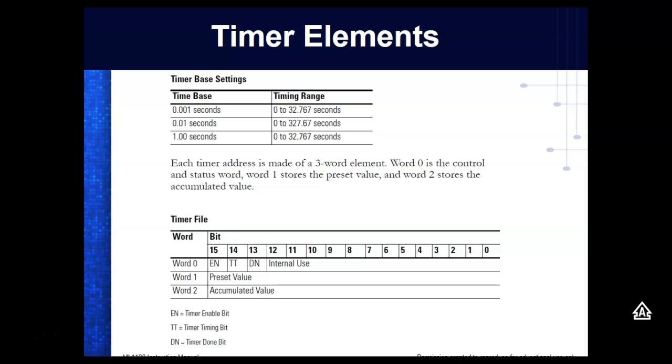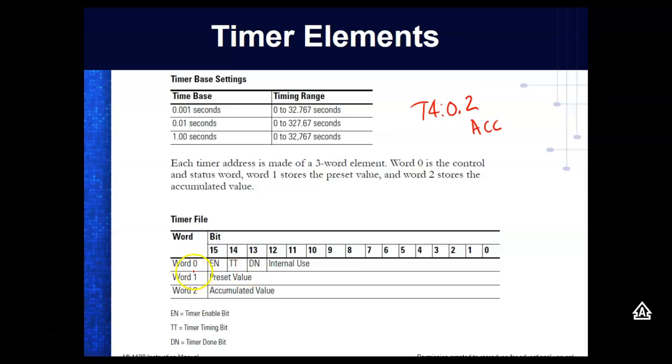If I really wanted to address this, it would be word 0. We could do it this way: I could say T4:0.2, and that would give me the accumulator. But we don't have to know that because Allen Bradley allows us to address it by name instead of by address.